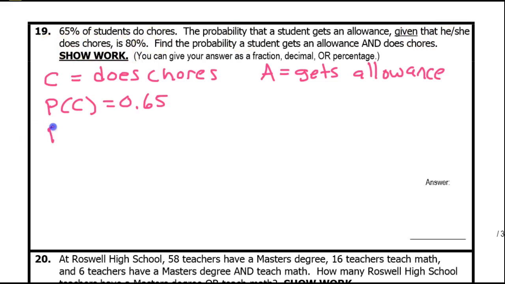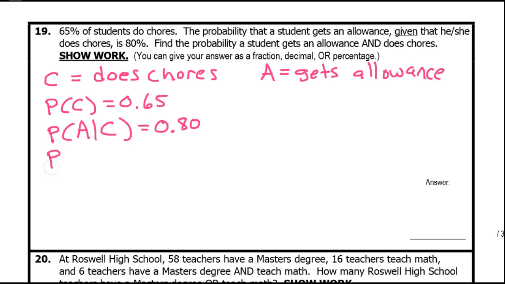So they're saying the probability of allowance given chores is 80%, which is 0.80.